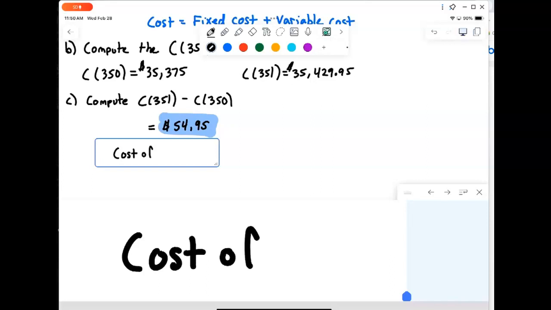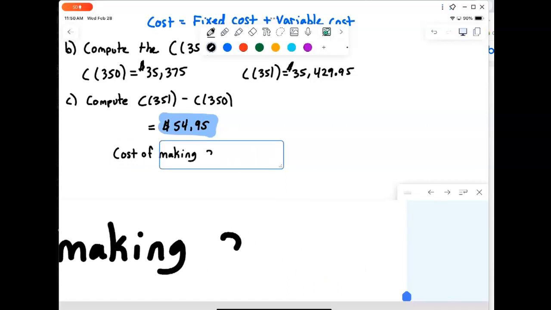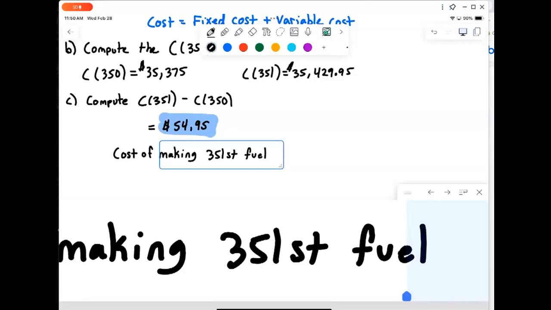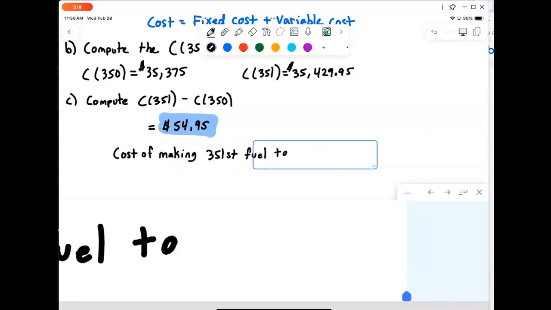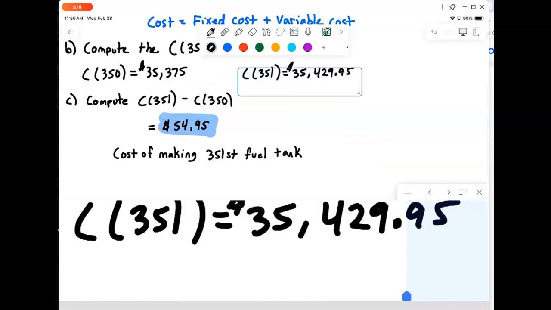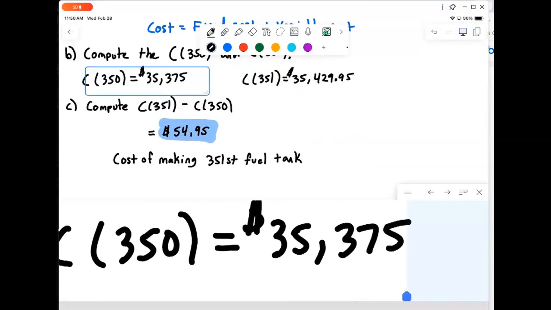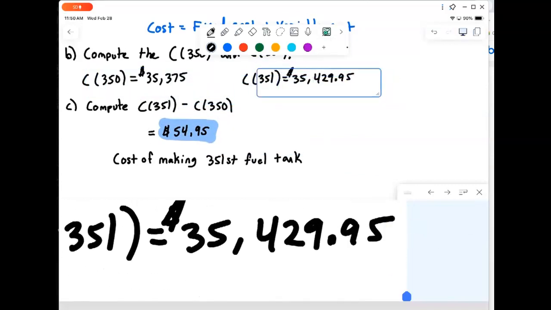Okay. That number right there is the cost of making the 351st fuel tank. Because the first was the cost for 350 fuel tanks, and now for 351.